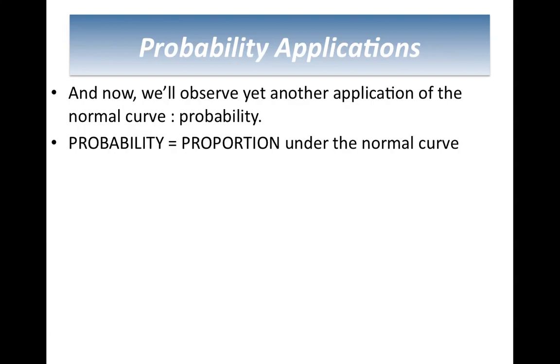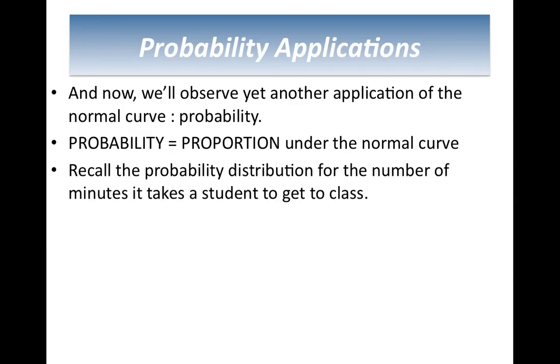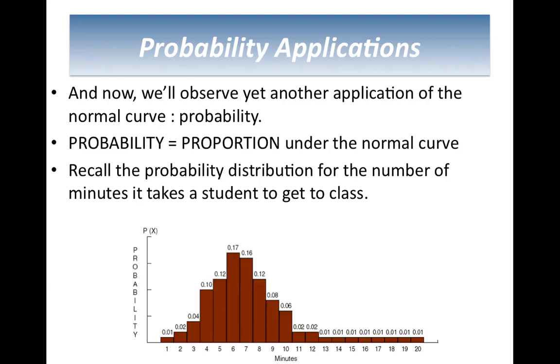A probability distribution for the number of minutes it takes a student to get to class was given like this. This is on our first lecture for Chapter 7. So we have the number of minutes it takes a student to get to class represented as a discrete number on the horizontal axis, and the height of each rectangle represented the probability that it would take a student X minutes to get to class.